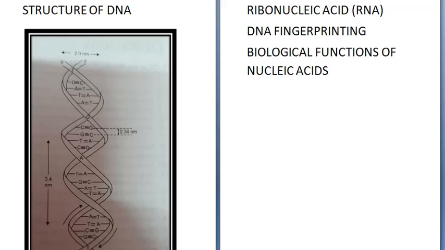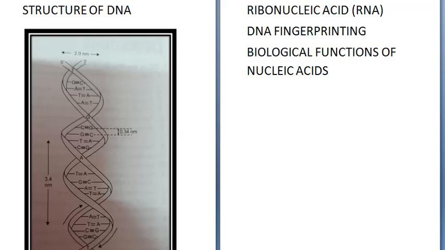Each ribonucleotide consists of pentose sugar, nitrogenous bases, but the nitrogenous bases here are A, G, C and U. Instead of thymine, there is uracil in RNA, and a phosphate group. Another difference is that RNA is single-stranded, whereas DNA is double-stranded. Except for certain viruses, all RNA are single-stranded.